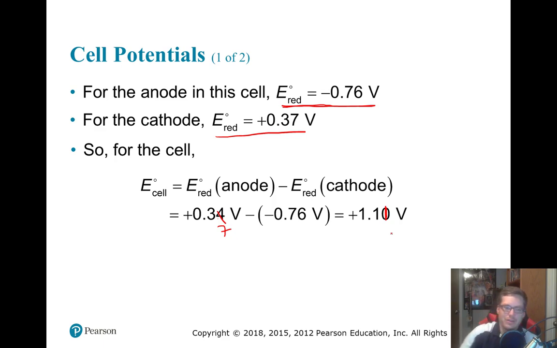It's hard to do math on a video, don't judge me. It's 0.37 plus 0.76, which is 1.13, because they're getting added, not subtracted. Oh my gosh, that was embarrassing. Anyway, 1.13 would be the electrical potential of this cell.